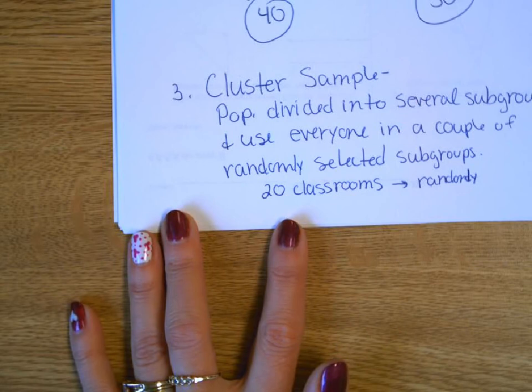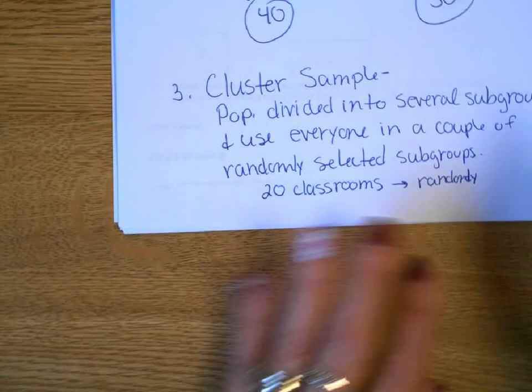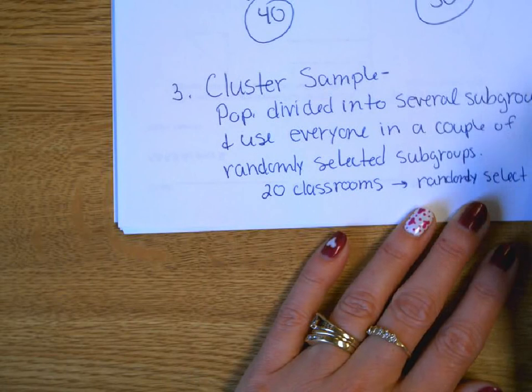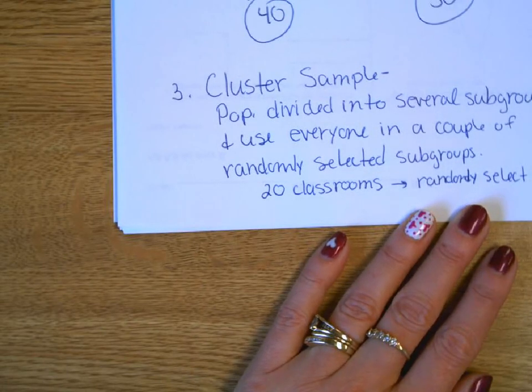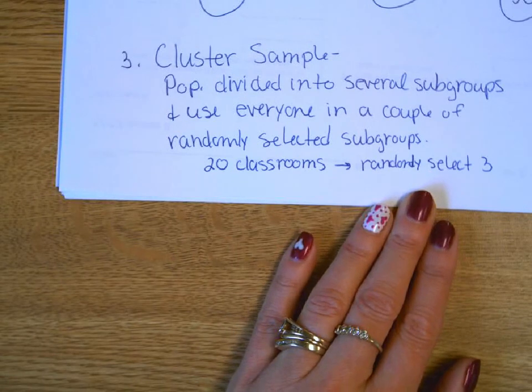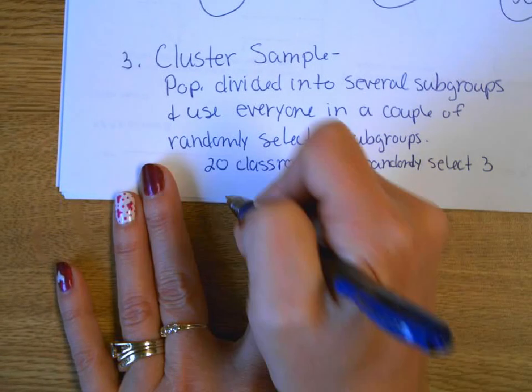Your brain cannot be random. You could put 20 slips of paper in and pick 1, 2, and 3. That's random. So you have to have divisions. You give them all a number, and then you do that random thing. So randomly select 3, and then use everyone in those 3.